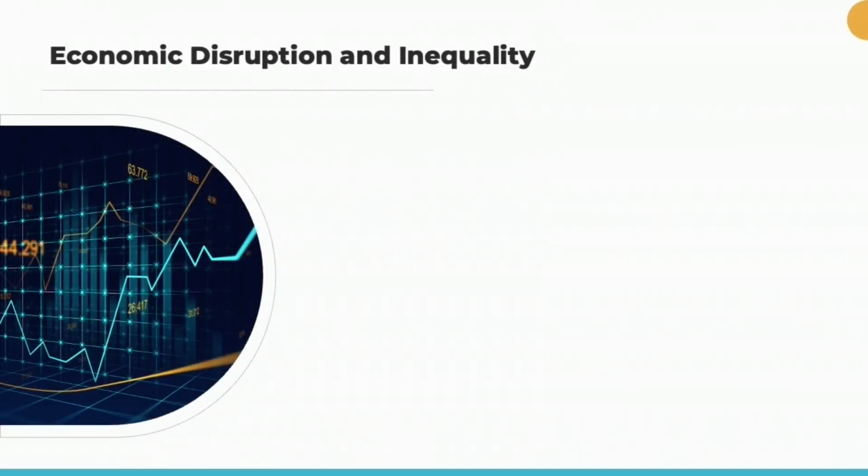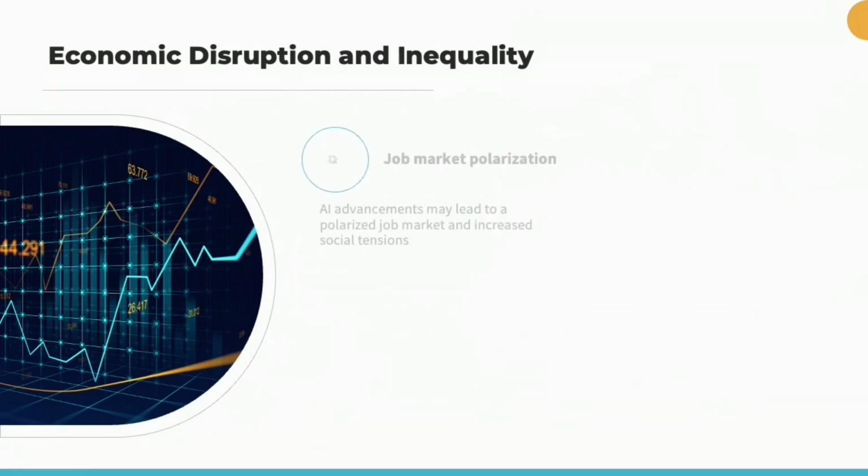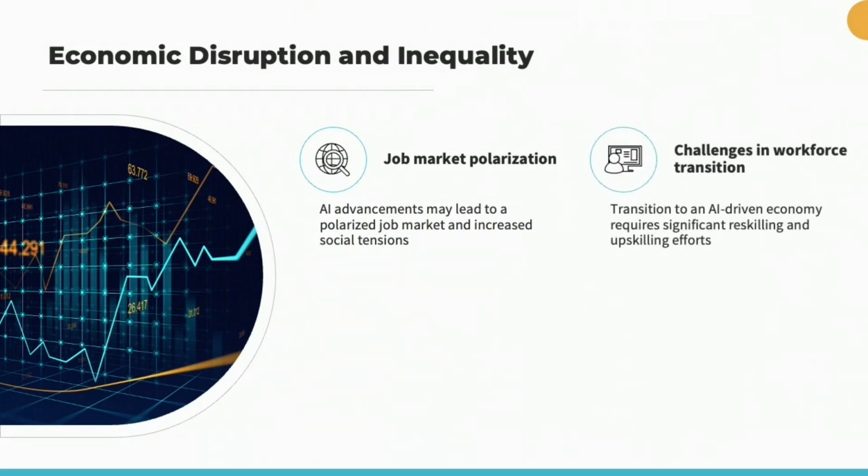Another societal impact is economic disruption and inequality. AI advancements might lead to a polarized job market where high-skill, high-paid jobs coexist with low-skill, low-paid jobs with a diminishing middle. This could exacerbate the socioeconomic divides and lead to increased social tensions. The transition to an AI-driven economy requires significant reskilling and upskilling efforts.